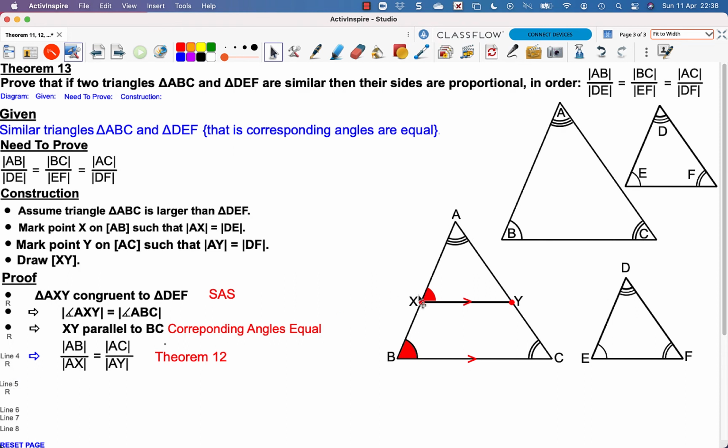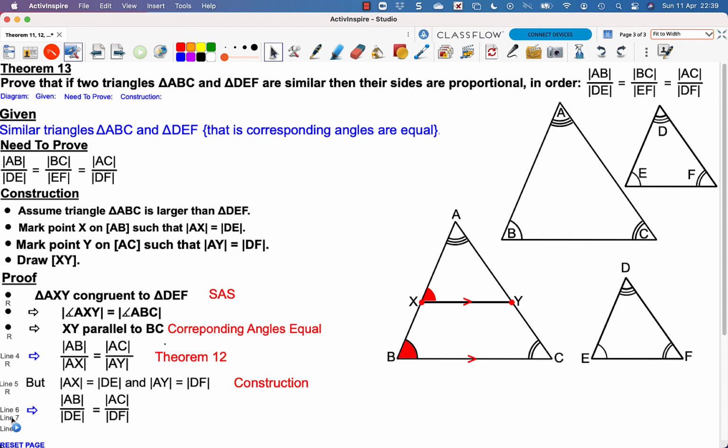Well, we know that AX is DE by construction, and AY is DF by construction. So where we have AX in here, it can be replaced by DE, and where we have AY in here, it can be replaced by DF. So we now get this line. And as you can see, that's 2/3 of what we're trying to prove done. It's this one and the end one.